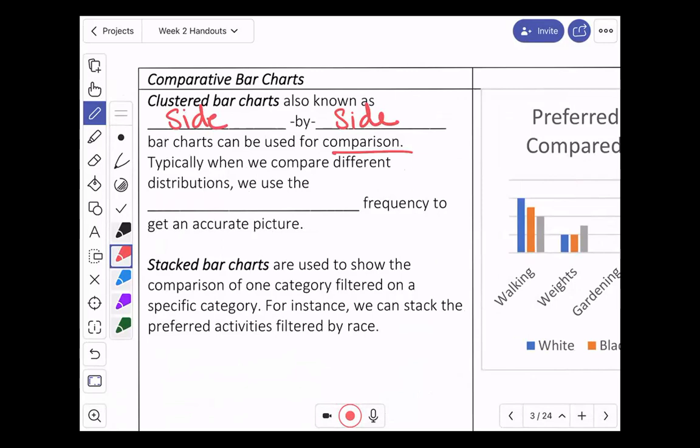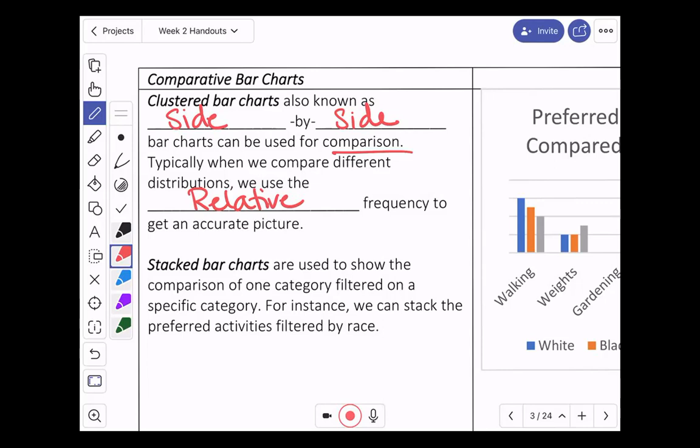Typically, when we compare different distributions, we always use the relative frequency. The reason is that frequency depends upon count.